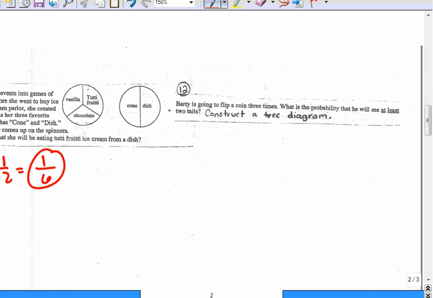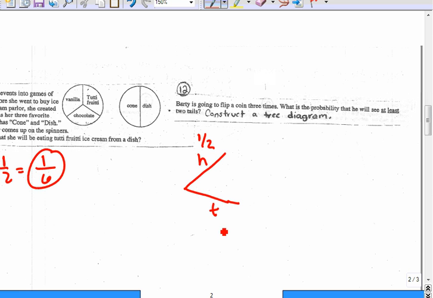Okay, problem number 12. Betty is going to flip a coin 3 times. What is the probability that he will see at least 2 tails? Construct a tree diagram. So, the first flip is either heads or tails.